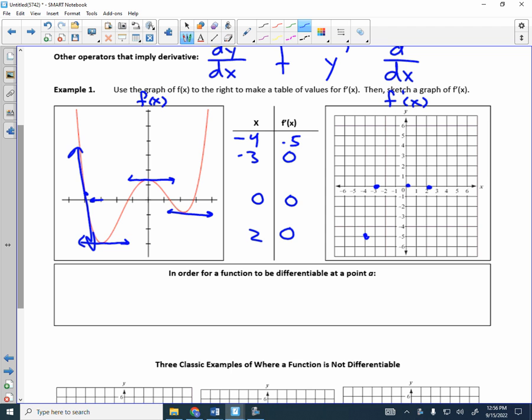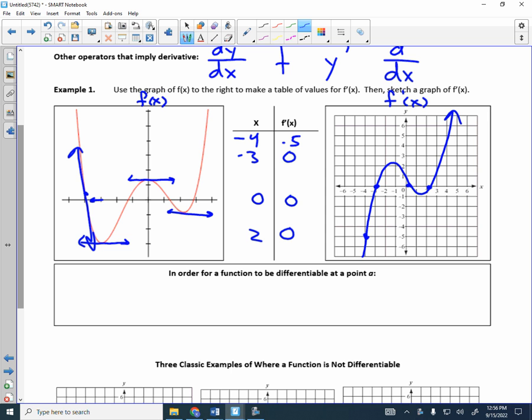The slope is always positive, so it will sit above the x-axis. What do you notice about the slope between 0 and 2? It's always negative. So therefore it will sit below the x-axis, and then after that it's positive, and so it sits above.